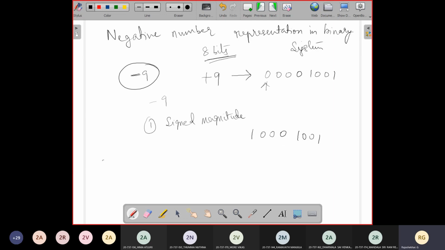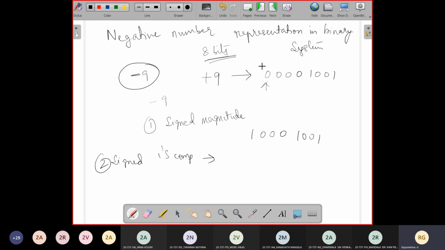Now, the second one is signed ones complement representation. How do you get the signed ones complement? Take the positive binary of the given number, then take the complement of the entire representation, including the sign bit.